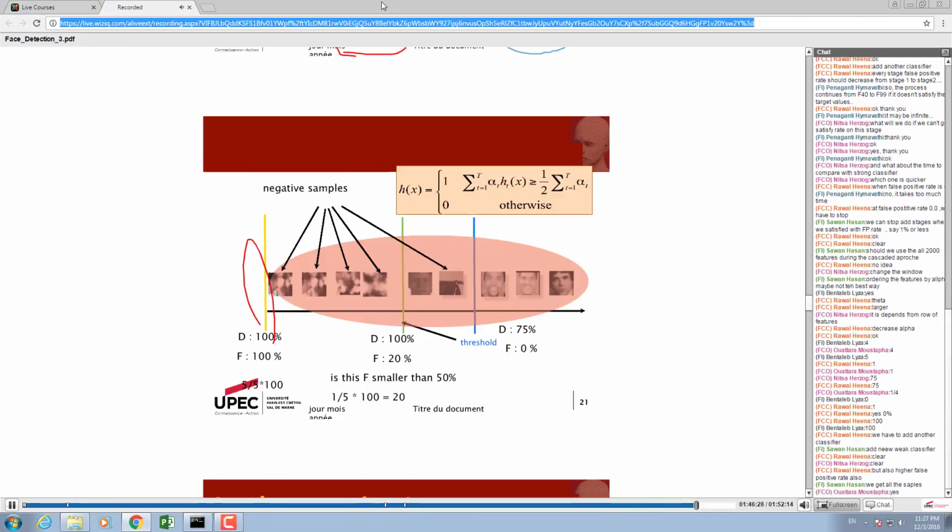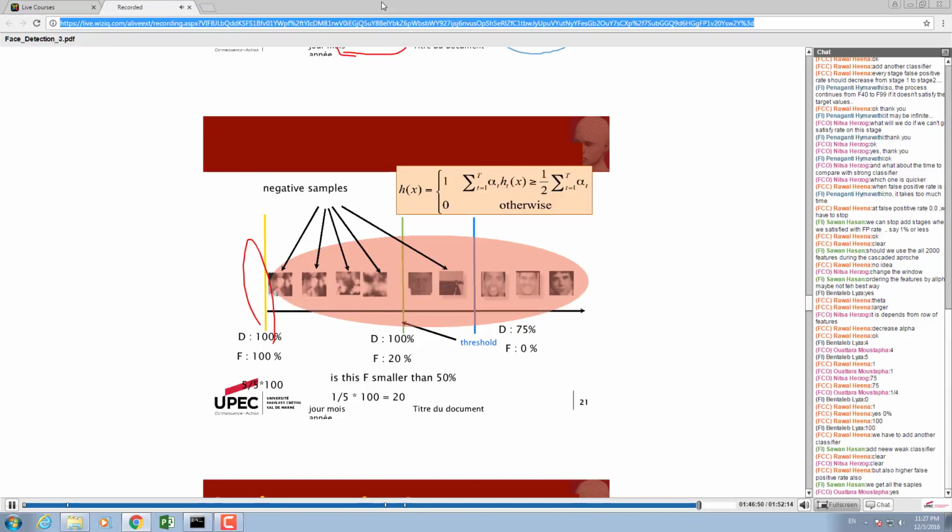Every time you are considering any classification system or detection system, you have to show and consider these two numbers. What is the detection rate? What is the false positive rate? Just one of them is not meaningful enough.